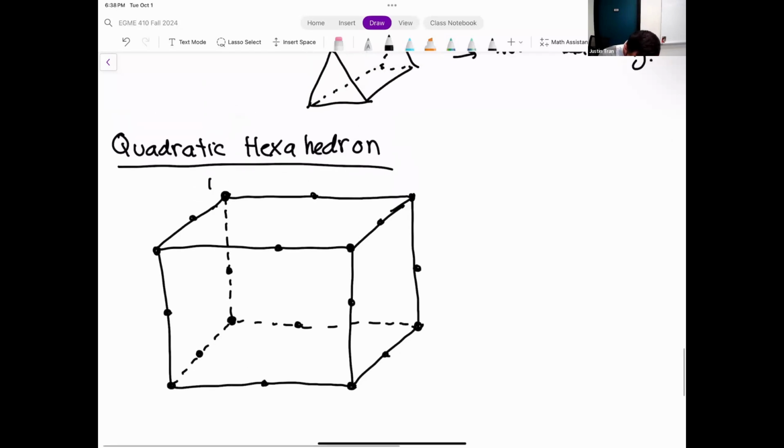Count these up: 1, 2, 3, 4, 5, 6, 7, 8. Okay, so those are all the corner nodes.